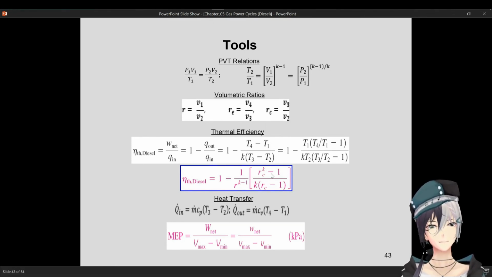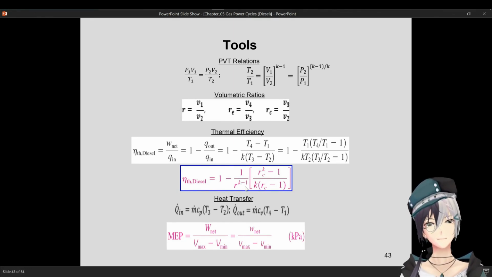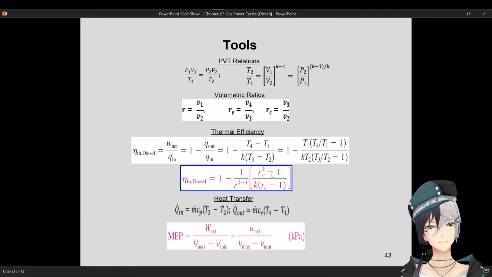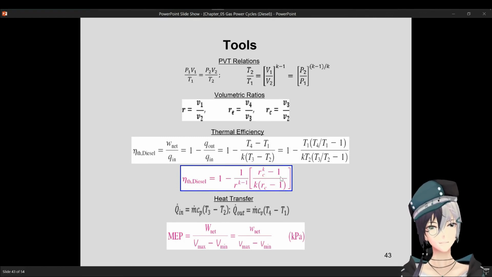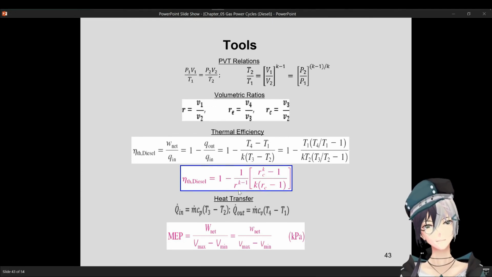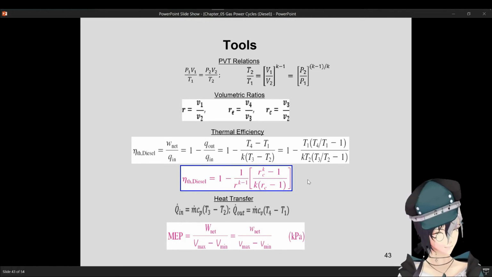K minus 1 in this part is the exponent, while the exponent in this expression is only K. So R sub C to the K minus 1, compared with this one on the denominator, R to the K minus 1. So just to be clear.